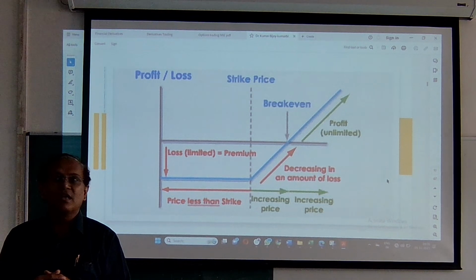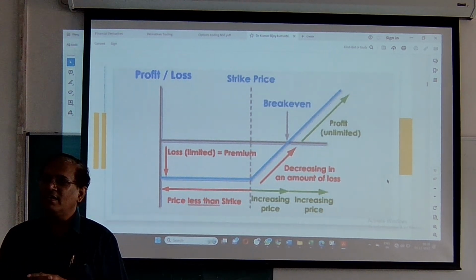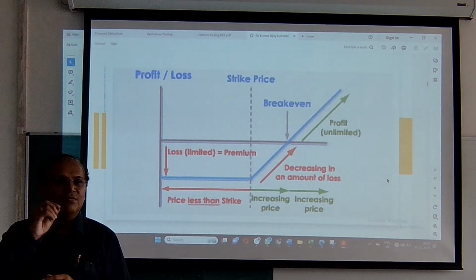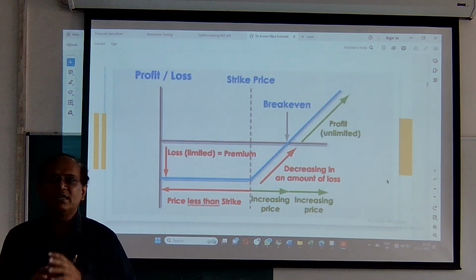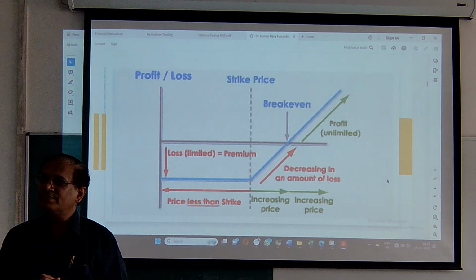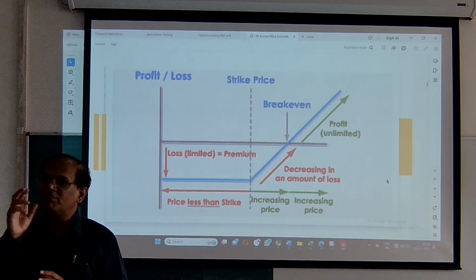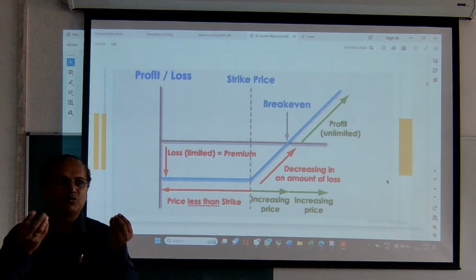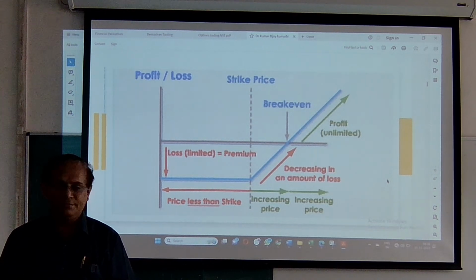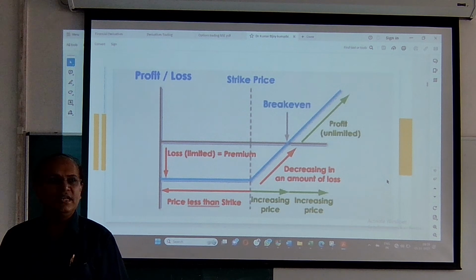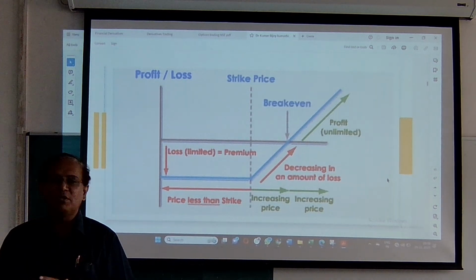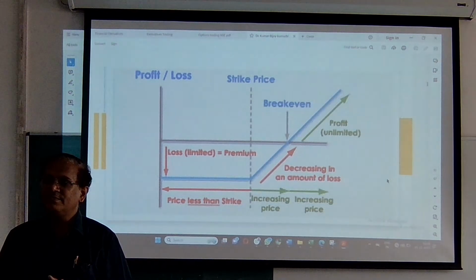So, conservatively, the buyer evaluates: if a product is available at 83.56 with a premium of 20 paisa, the effective payment I have to make is 83.76, right? So my net final outflow is going to be 83.76.